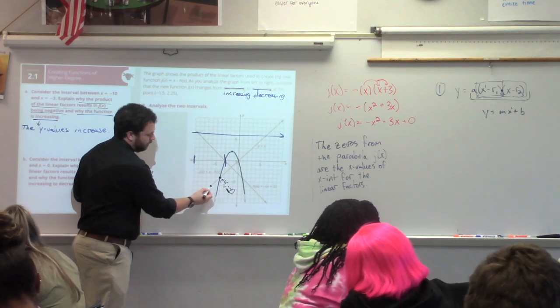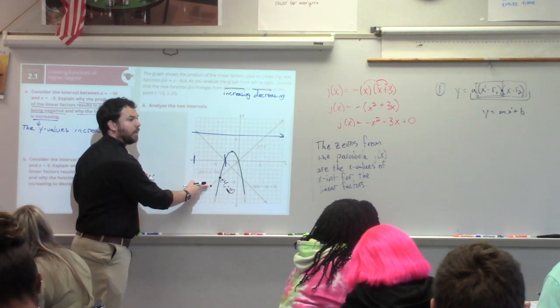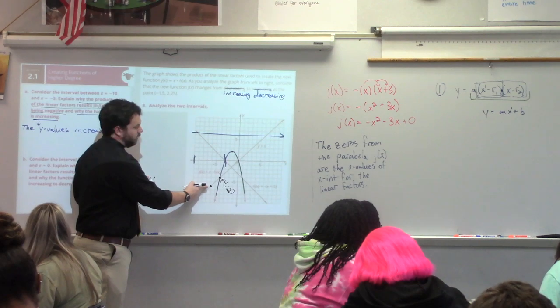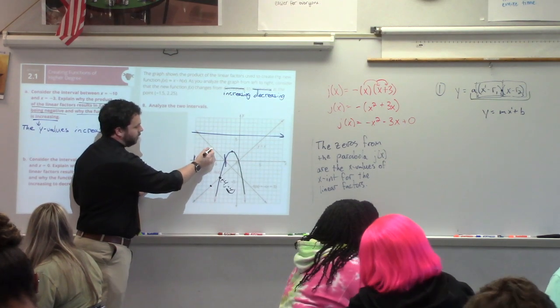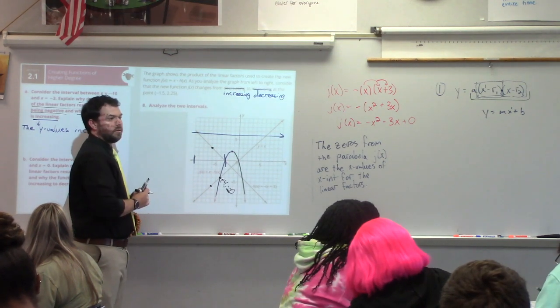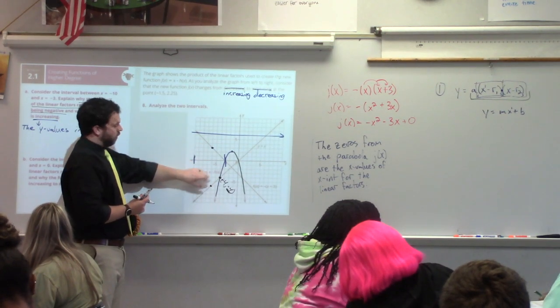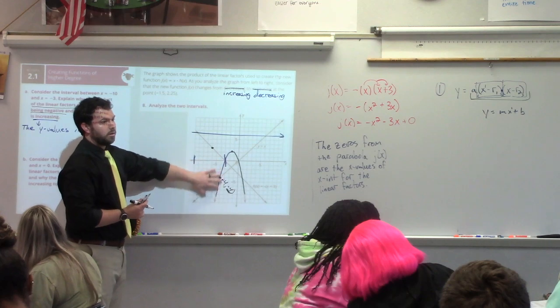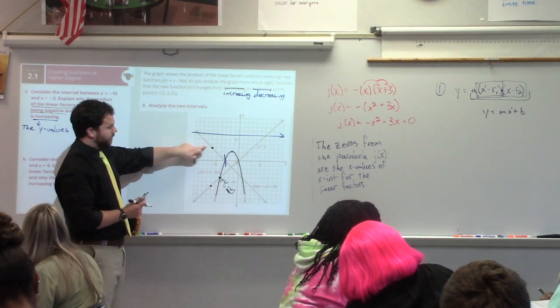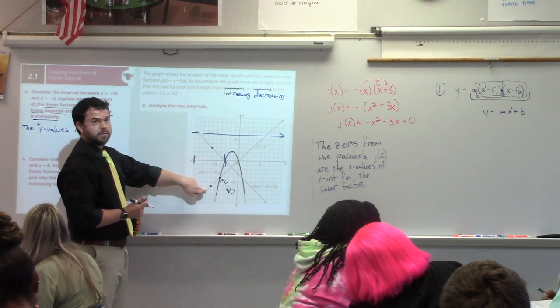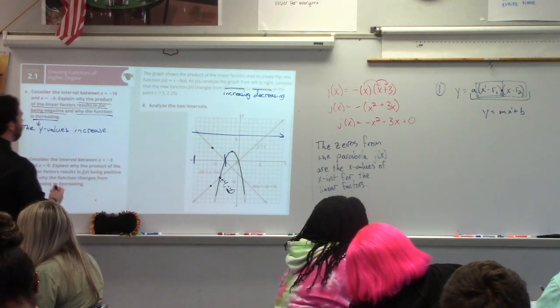Let's look at this one right here. Is that y value positive or negative? Negative. But there's also a y value up here, is that positive or negative? It's positive. What's a positive times a negative? Negative. So all of these values are negative because it's a positive times a negative.